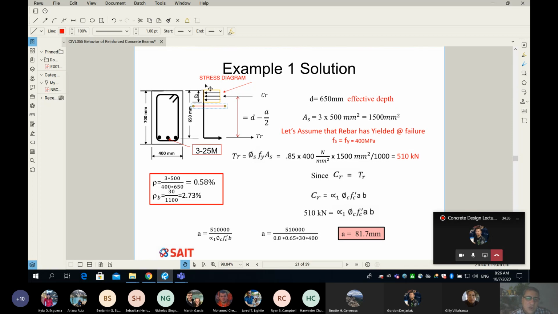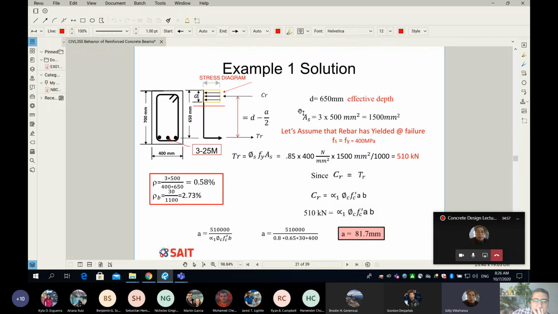Okie dokie. And also, guys, do you remember what this dimension is? I'm going to point from here to there. Does anybody remember this value from last class? It's alpha 1 phi c f prime c.